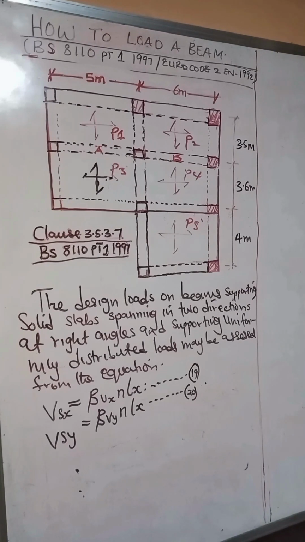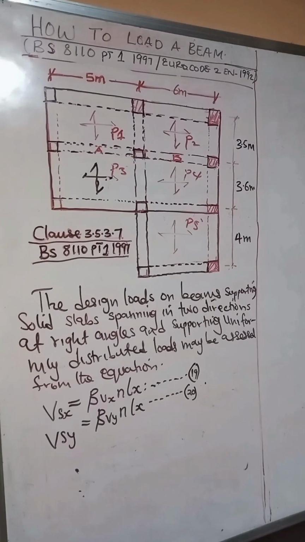All right, so what the code invariably says is that, let's consider panel 1. We intend to load beam A. If you look at beam A, we have two panels attached to it, panel 1 and panel 3. Now, the edge condition of the slabs: panel 1 you can call continuous edge, two adjacent edges discontinuous.